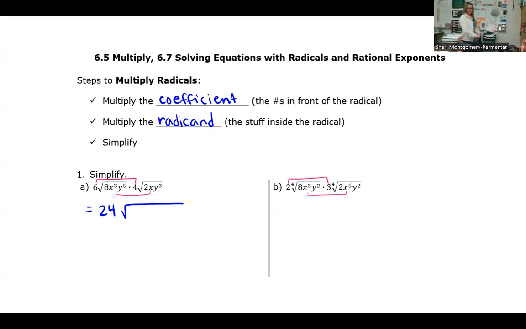I'm going to rewrite everything as I multiply it together. So 8 times 2 is 16. And then I have 3 and 1, so that's 4. 5 and 3 is 8. Go with me so far?